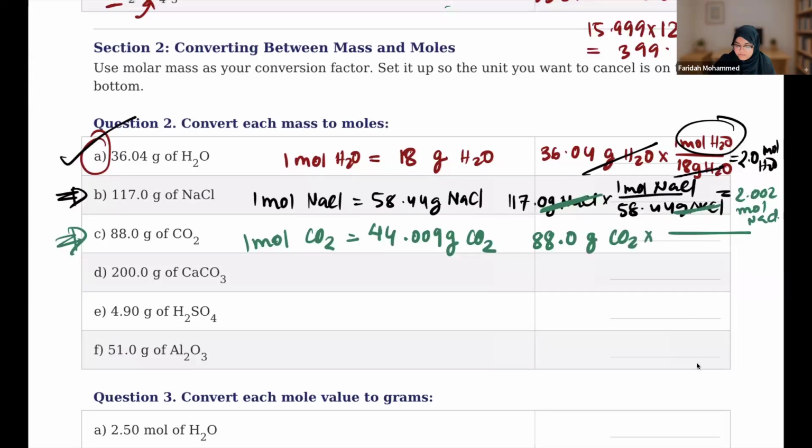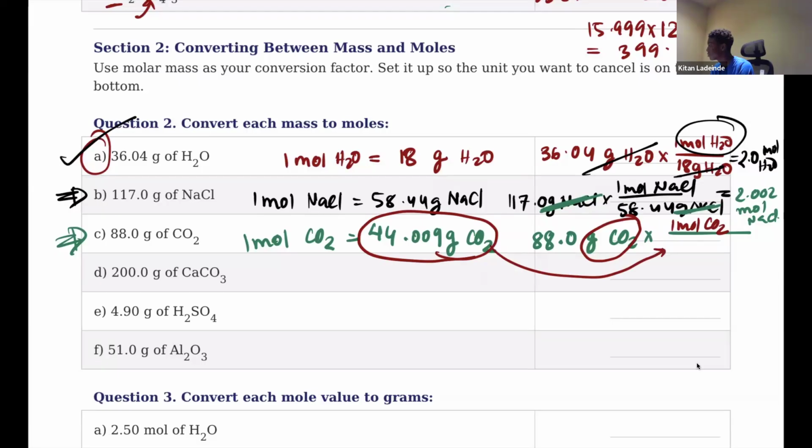1 mole CO2 over... See, this is gram. So the gram part will go on the bottom because you want to cancel them. Okay, so 44.009 grams of CO2. So what goes on the top?